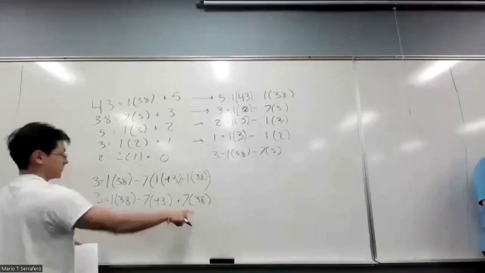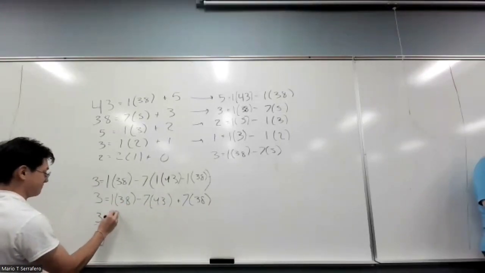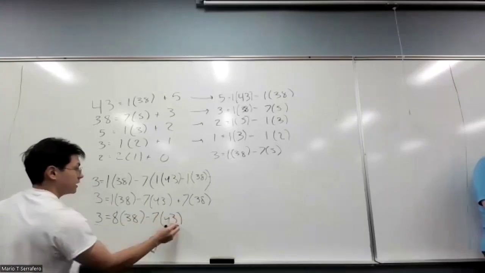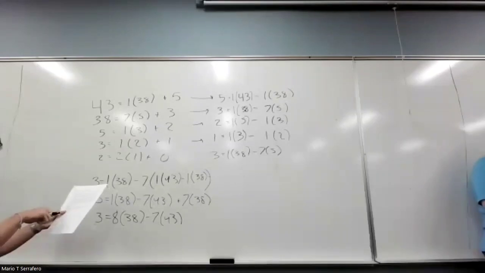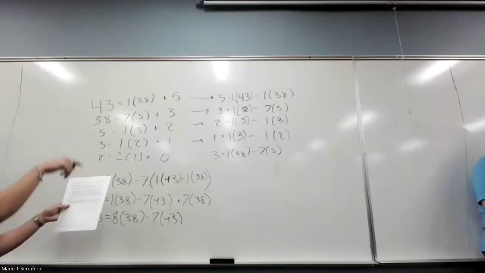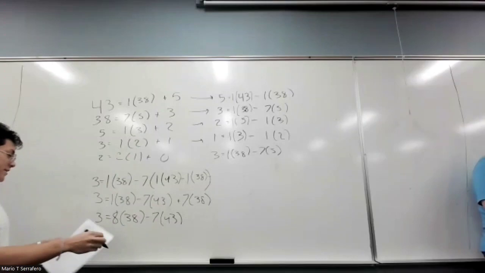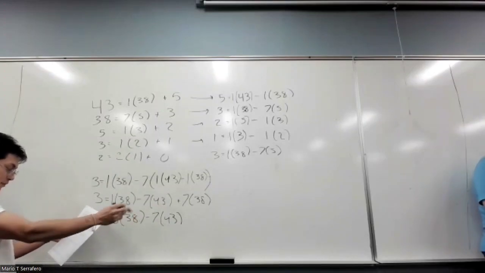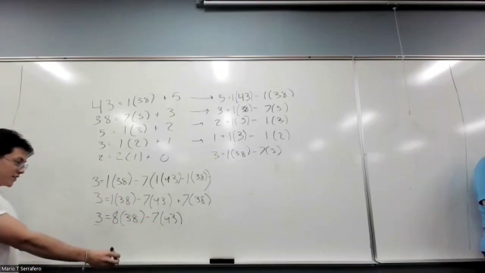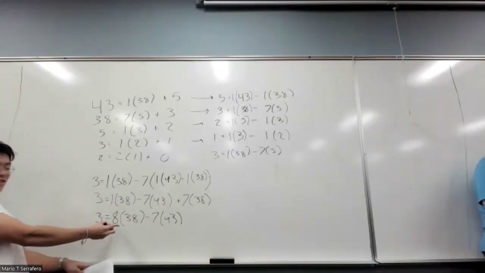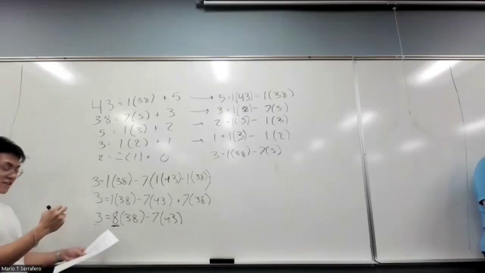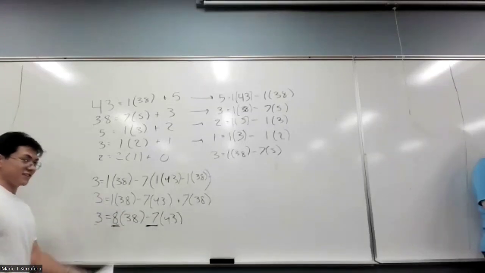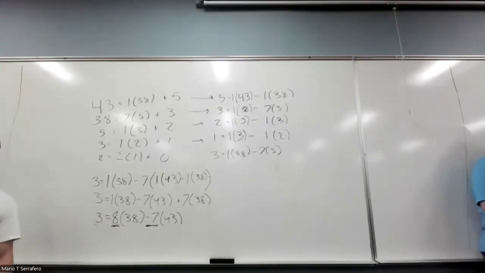We got a 1 times 38 and a 7 times 38. That's 8 times 38, minus 7 times 43. Now, the question asks for integers s and t such that 3 equals s times 38 plus t times 43. In this case, we see the 8 is next to the 38, so that's s. And negative 7 is next to 43, so t is negative 7.